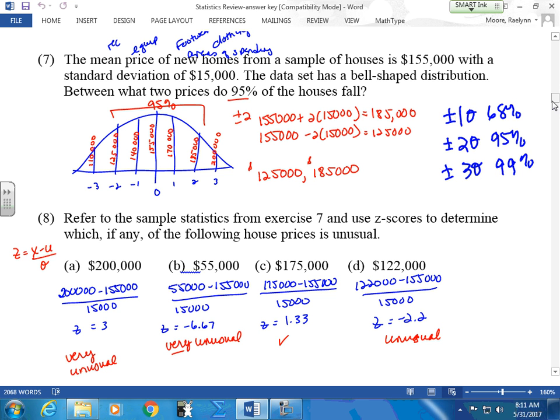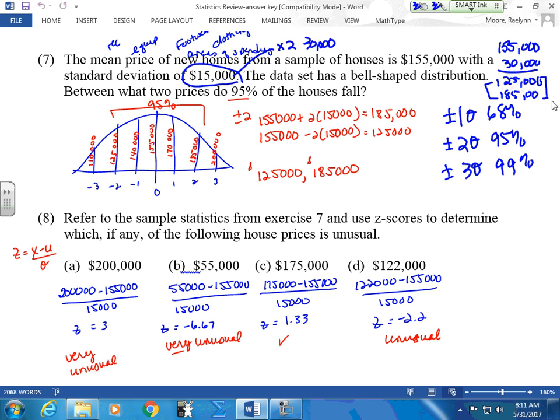I could easily take my 155 and say, take my standard deviation, multiply this by 2, and get 30,000. Then I could subtract 30,000, and then I could add 30,000. So it's going to go from here to here.